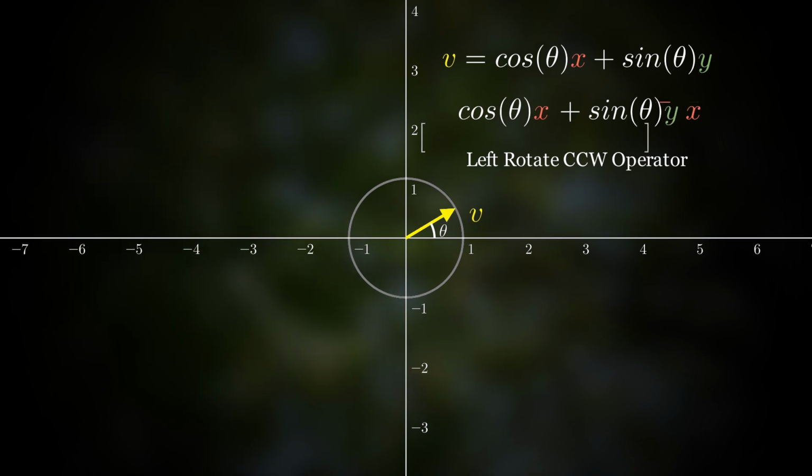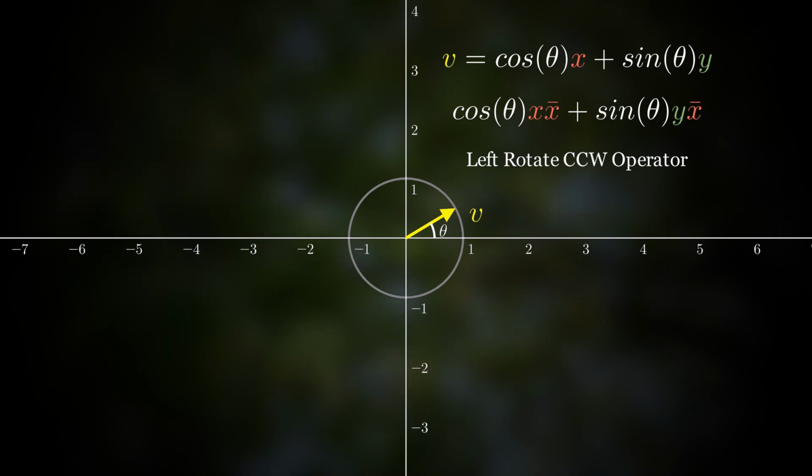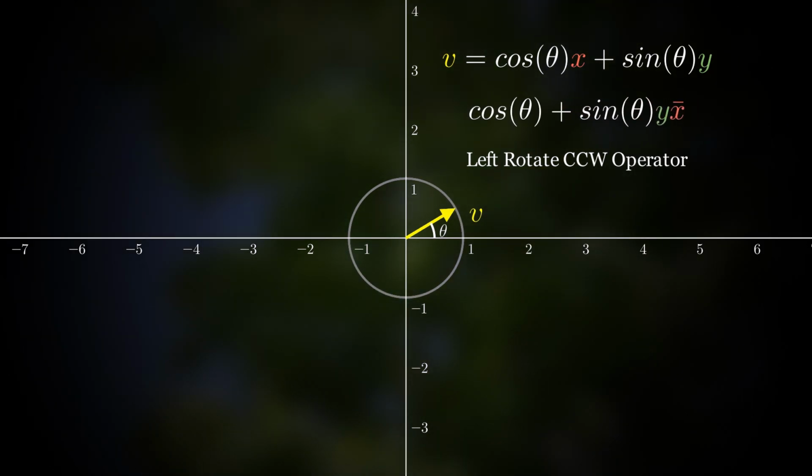We can distribute x bar inside the parentheses. Remember, because x bar is on the right side of the parentheses, we distribute it from the right. Okay, we get cos theta x x bar plus sin theta y x bar. x x bar is 1, so let's get rid of that term. We are left with cos theta plus sin theta y x bar.